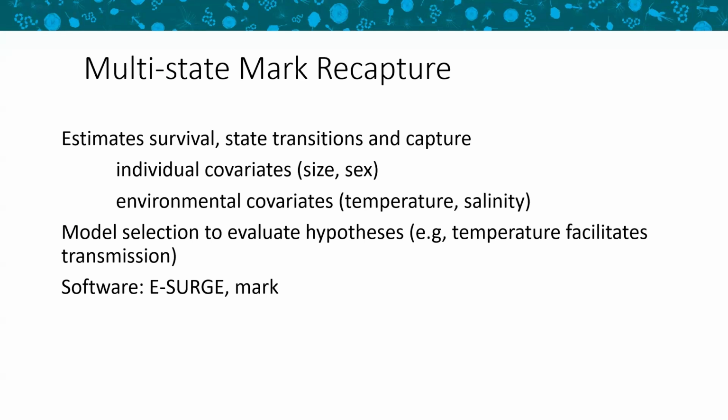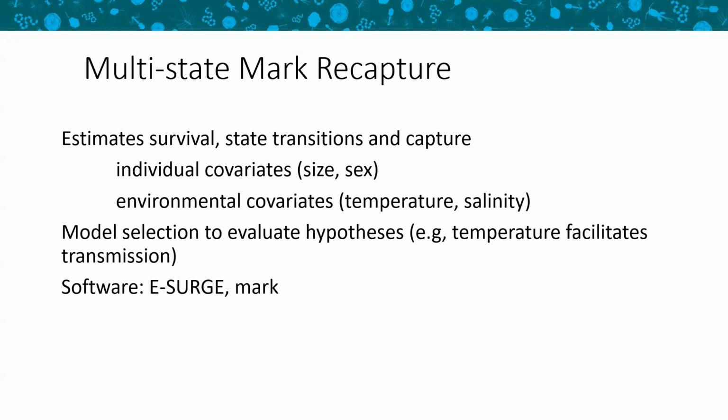And for all of these estimates, you can add individual covariates like the size or the sex of the individual, or environmental covariates like the temperature and hypoxia. And then you run a number of models and use model selection to find the best fitting model to your data. There's two types of software that can do this type of analysis. One is called eSurge and the other is called MARK.